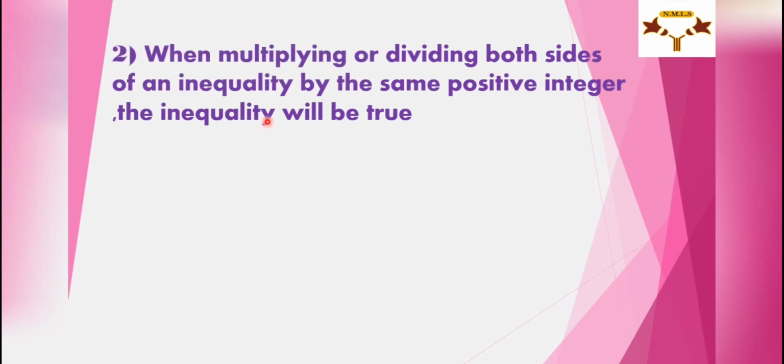Let's see the second property. When we multiply or divide both sides of an inequality by the same positive integer, and be focused on the word positive integer, the inequality will be true.